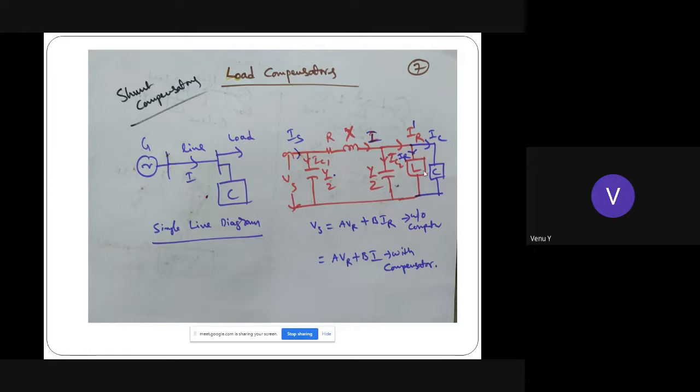Now the equations: sending end voltage Vs is equal to A VR plus B IR without compensator. In the second case, A VR plus B into I with compensator, where I is the summation of IR and IC. IC is the compensator current that you need to understand.